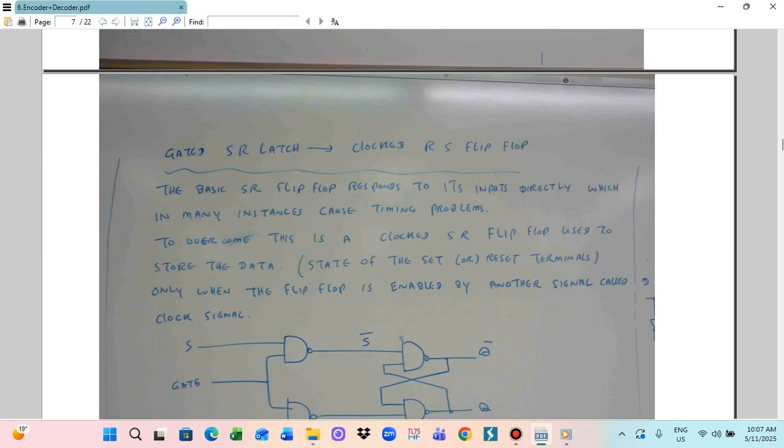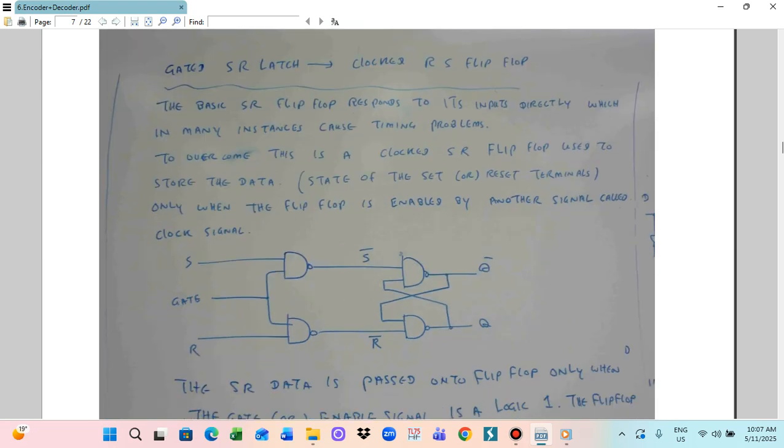So in this case we use the clocked RS flip-flop. So this is what we call the SR latch, the gated SR latch. The gated SR latch is the clocked RS flip-flop. So we can include the clock to control the change of the output state.